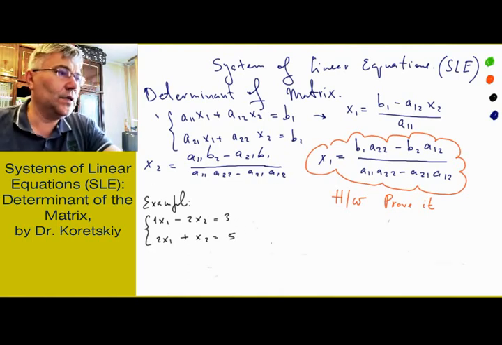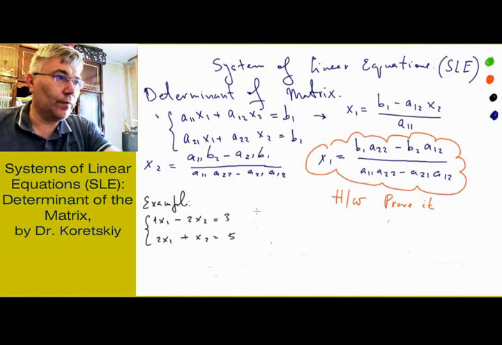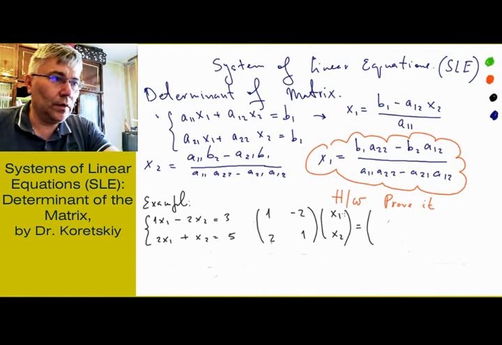So we have this system of equations, and the first step here, let's transform it into the matrix form. It is a11 equal 1, a12 equal minus 2, a21 equal 2 and a22 equal 1. Now x1, x2 here, and the B matrix 3, 5.